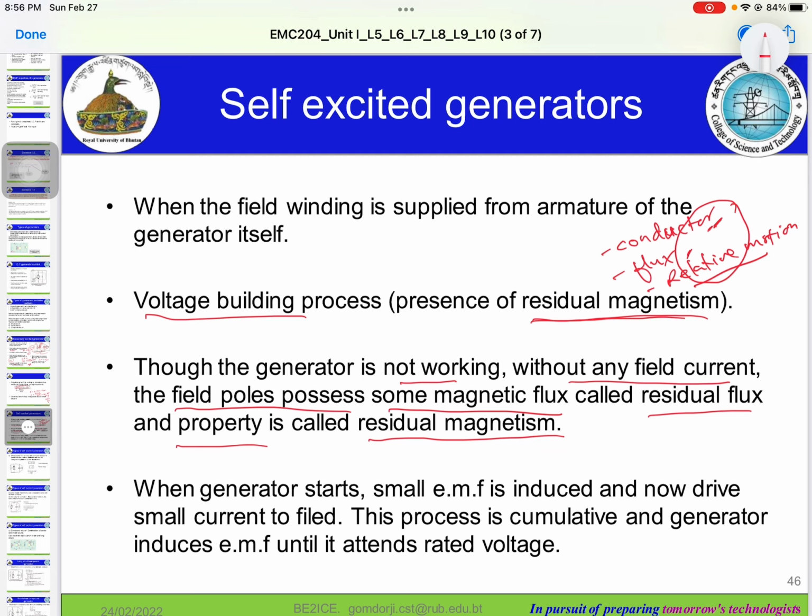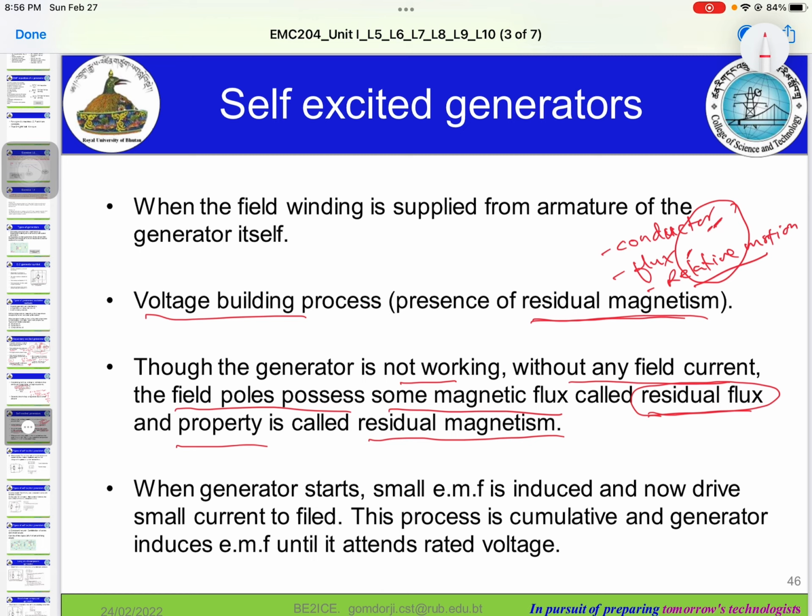So when the conductor is rotating with respect to the flux, it is cutting the flux, and because of that small residual flux, a small current is induced in the armature conductor.